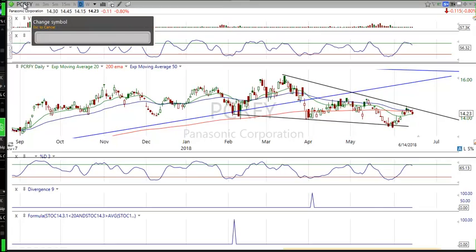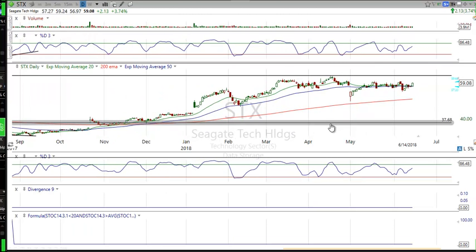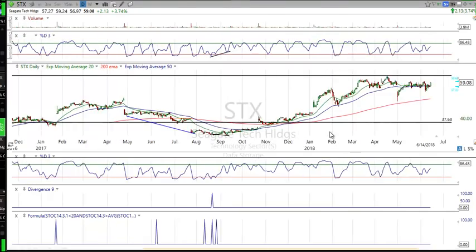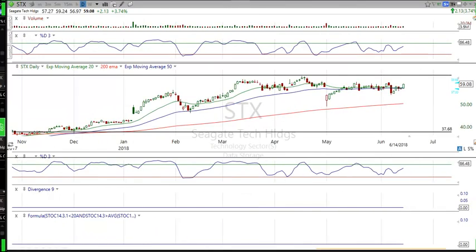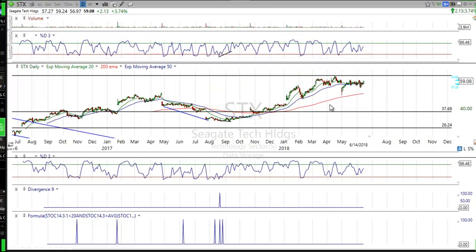Raytheon, STX. I have a feeling this one's a takeover candidate. It's been hanging up here right under $60 for a while.